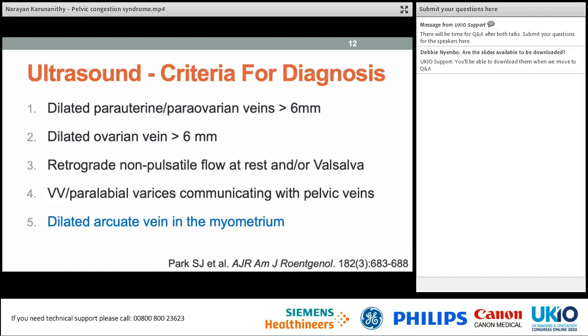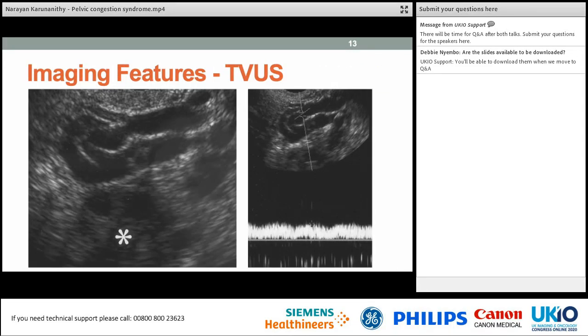If you can follow those veins up into the pelvis on standard ultrasound, not transvaginal ultrasound, they again indicate likely pelvic vein insufficiency. The dilated arcuate vein in the myometrium is again a feature of pelvic congestion, but I'll touch on that in a minute, because there's a bit of nuance to the arcuate vein in our experience, at least. And so on transvaginal ultrasound, there are typical dilated veins that you will see.